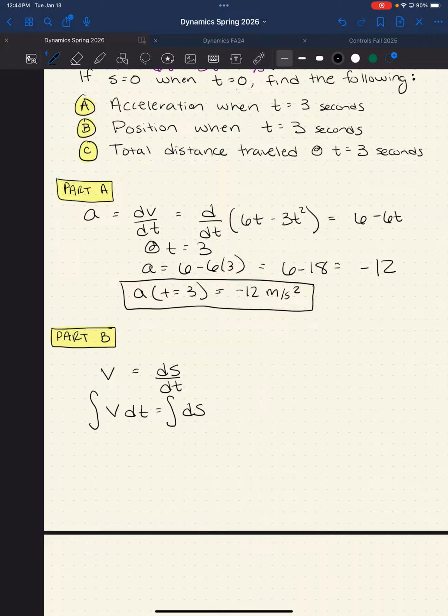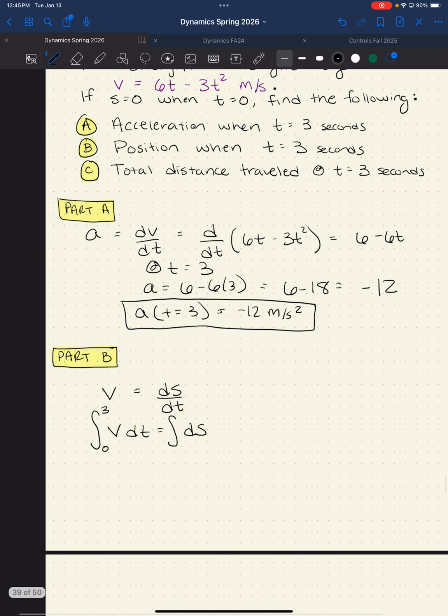And I'm going to go from t equals 0 to the t that I am concerned about, which is what? 3 seconds, yep. And so my bounds on my ds have to correlate with those time bounds. So I'm essentially saying I need to go from the position when time equals 0, which is what? 0. The position when time equals 0 is 0. And then I go to what?